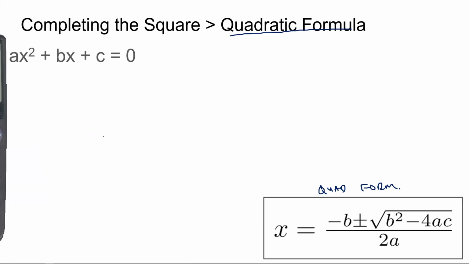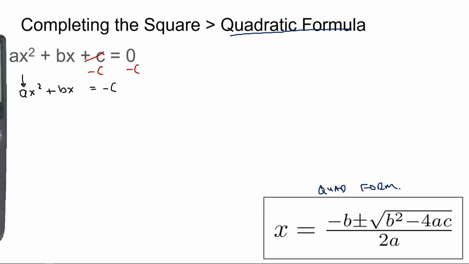The place that comes from is what we were just talking about, completing the square. So again, step 1 is get that constant term off of this side. So I want to cancel it, subtract c from both sides, and that will get me down to ax squared plus bx equals negative c.